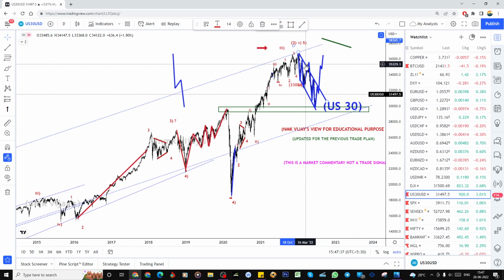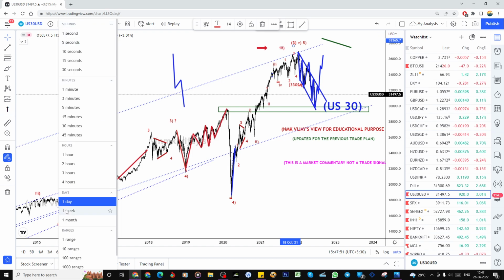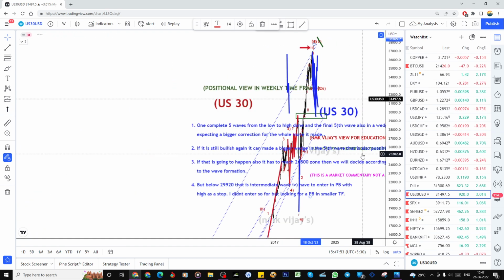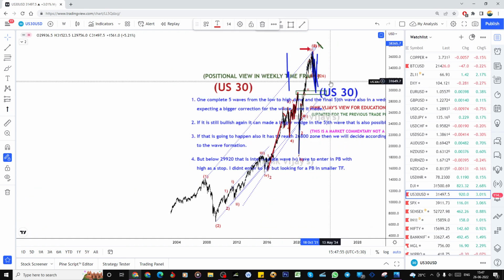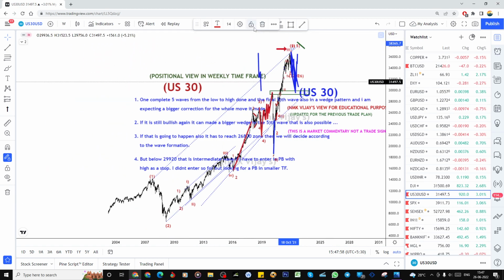If this ABC is an A, ABC is a B, ABC is a C, so one W has been completed in the double correction. Again we need an X wave, and after that ABC to break this low, and the 38.2 retracement level of 26 is also available here. Here we already did. It's around, yeah, one second, I will measure this.